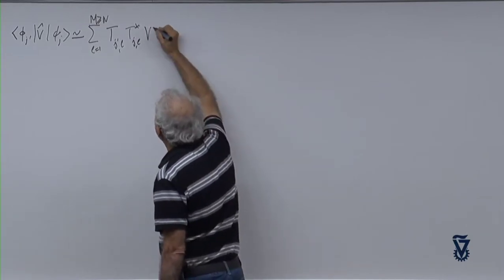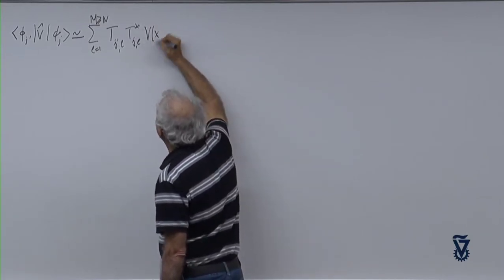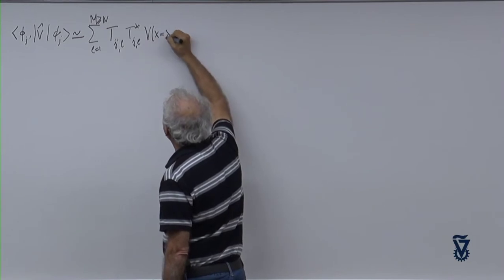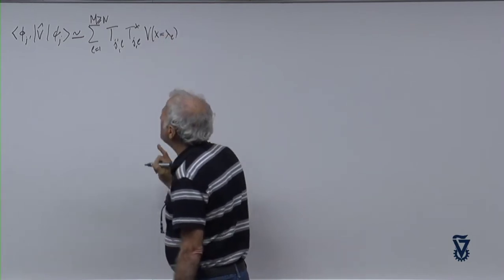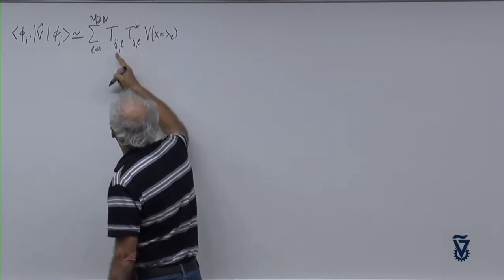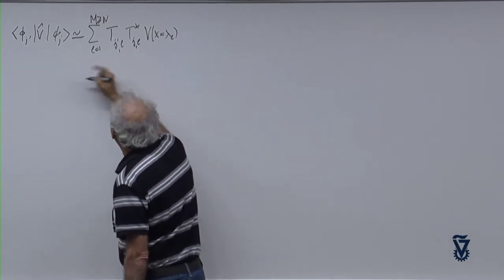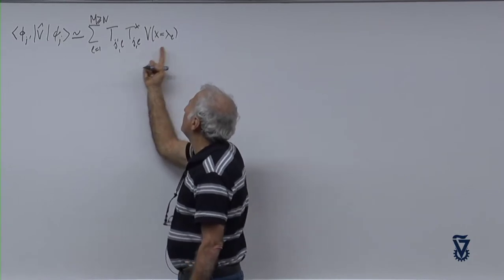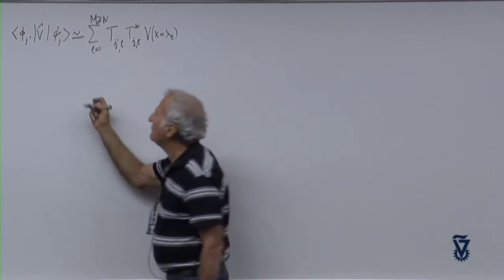And then V is equal to, we put here as a function, V(λ_l), where these coefficients are eigenvectors and eigenvalues of the following matrix.